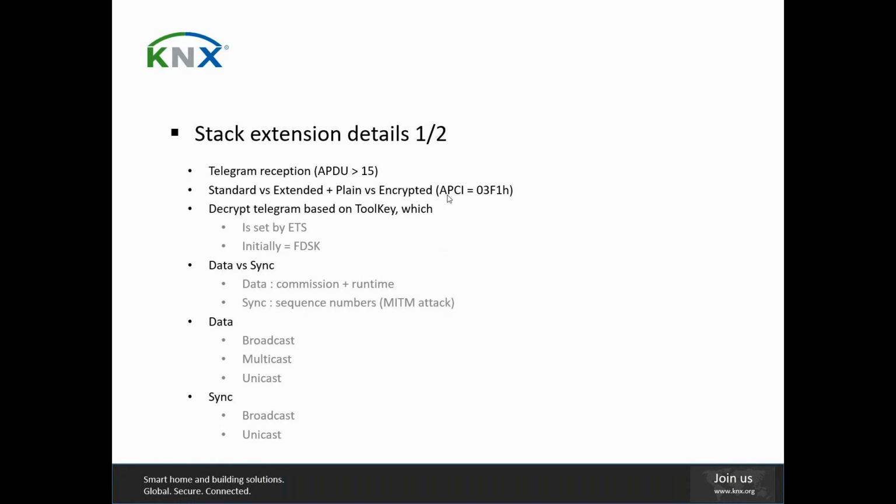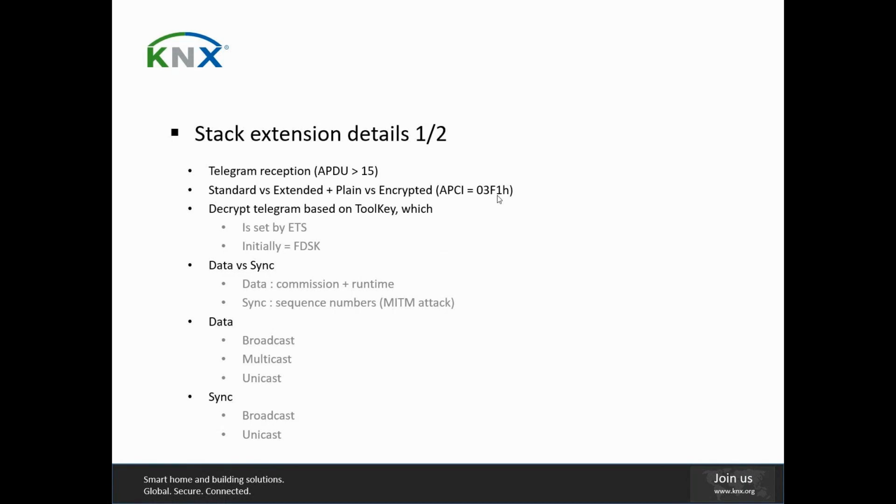And in order to distinguish the plain ones from secure, it's the same principle. Just use this field, and if this field has the value 03F1 hexadecimal, then it's a secure frame. As simple as that. Of course, the secure frames encapsulate an encrypted plain frame.